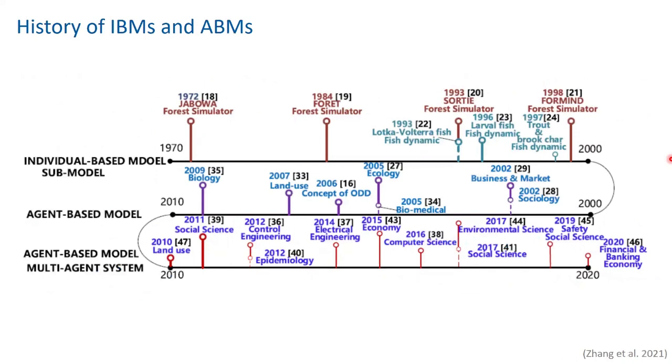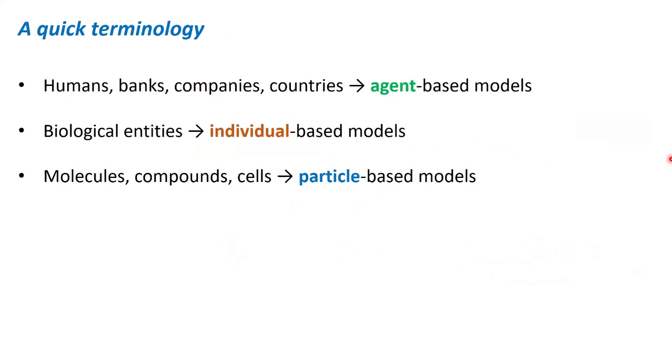The very first agent-based models came in the 70s, mostly simulating forest dynamics, and then it started to infiltrate into other areas of biology and ecology, and then into social, economic and engineering areas. But now it's basically used in almost every discipline.